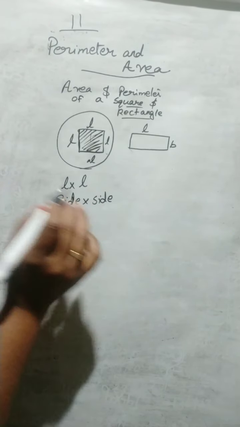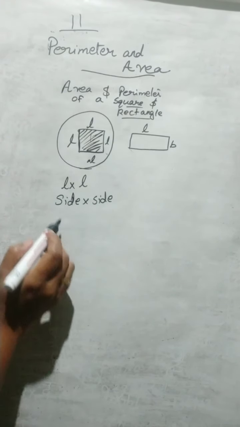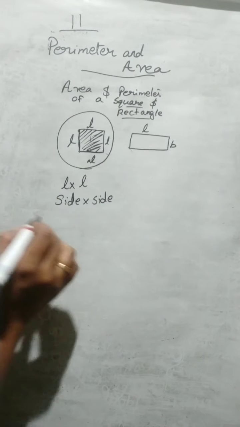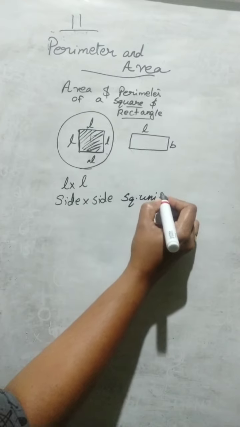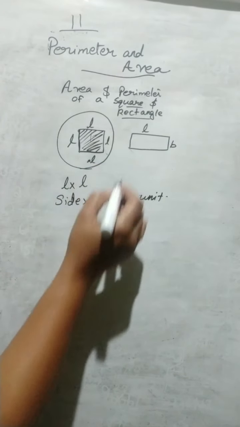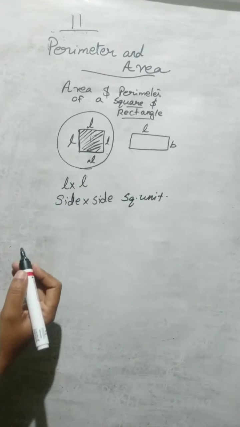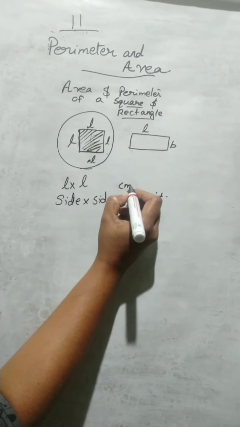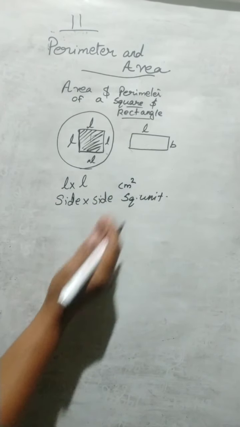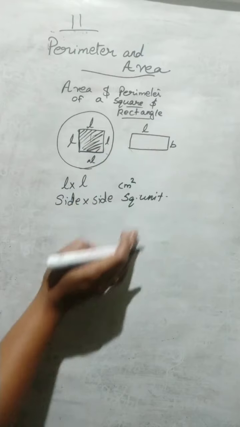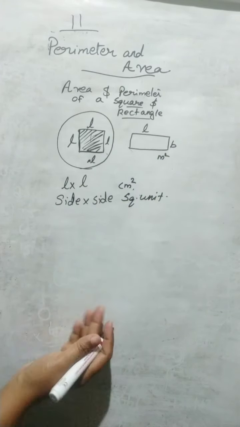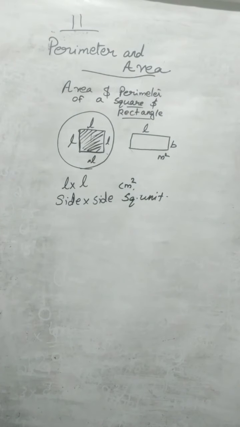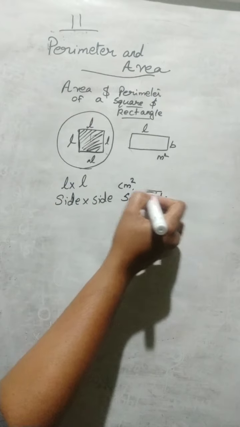One thing, don't forget: the unit of area is always in square units. That is, if the length is in centimeter, then this will be centimeter square. If the breadth and length are in meter, then that will be meter square. For square, rectangle, for every shape, the area is in square units.